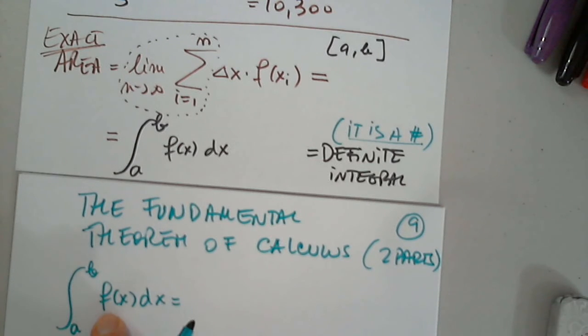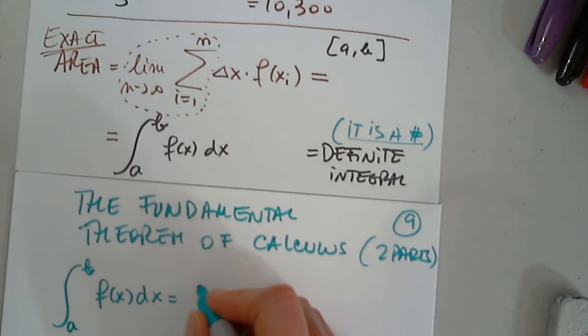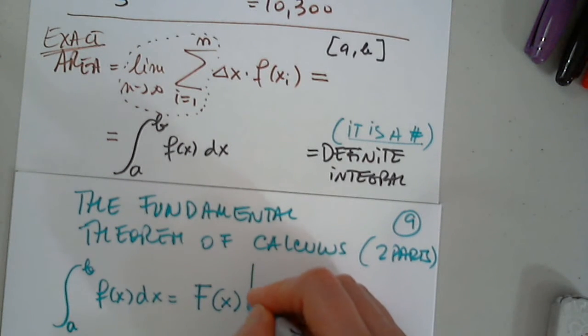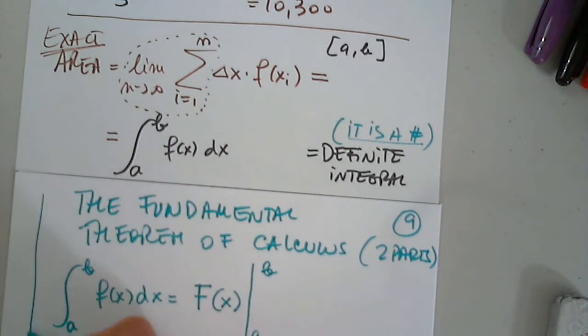What did we say the antiderivative? You probably didn't get the chance to look at chapter 4, so I'm going to say it. The notation for the antiderivative is uppercase F of x, a vertical bar from a to b. What does this mean?